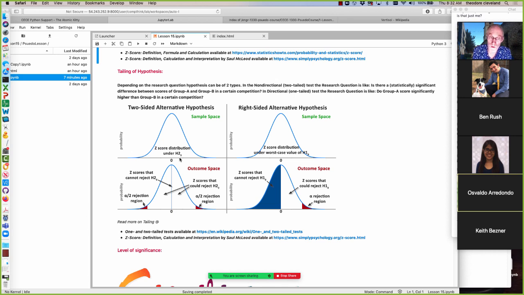And that's all the question is, is there a difference? The directional or the one-tailed test is a little bit more precise in that, is there a difference, and is the difference this particular value? And that's the main fundamental difference between one and two-sided hypothesis testing.